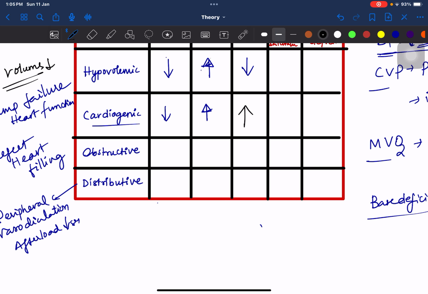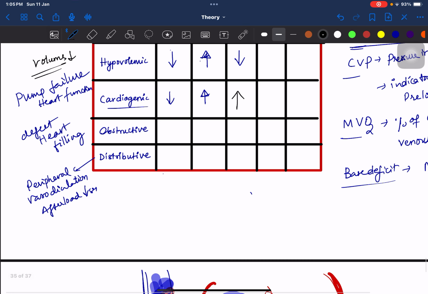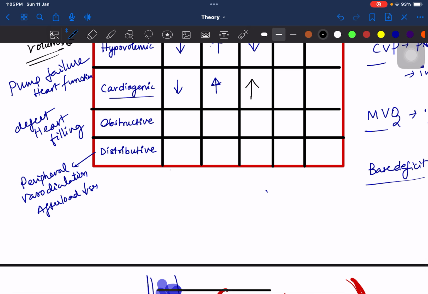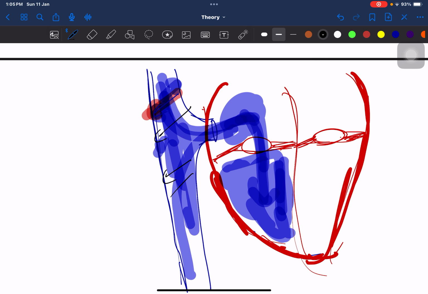Okay, coming to obstructive shock. The basic defect in obstructive shock is obstruction to the filling of the heart. Again, let's see. The main reasons for obstruction, the classic examples, are cardiac tamponade and pneumothorax. So let's see what happens in cardiac tamponade and try to understand.